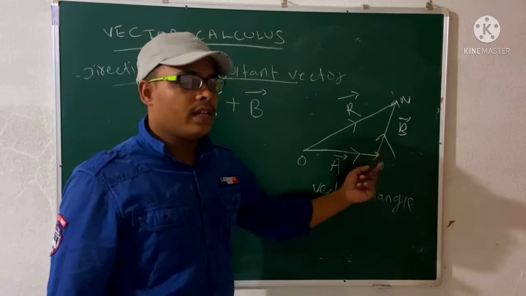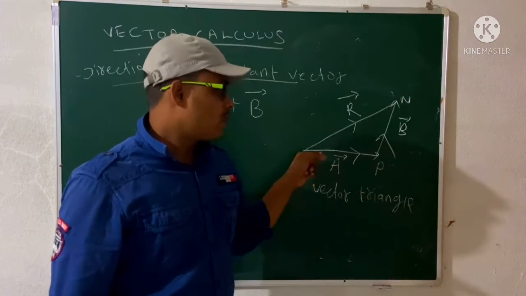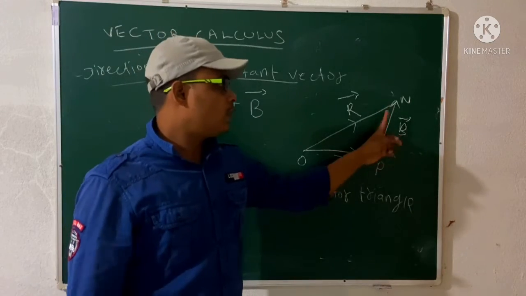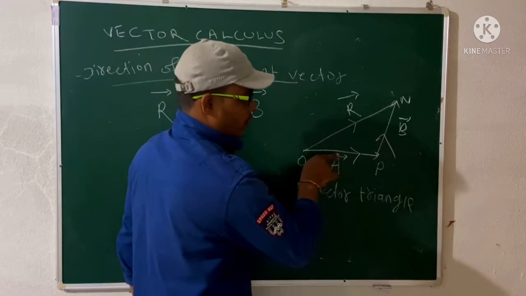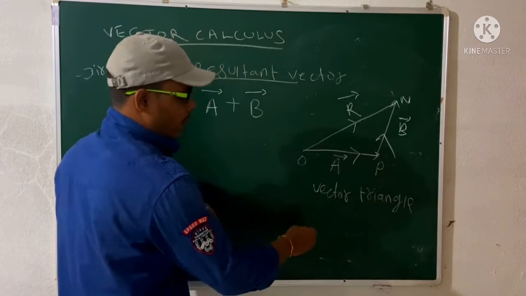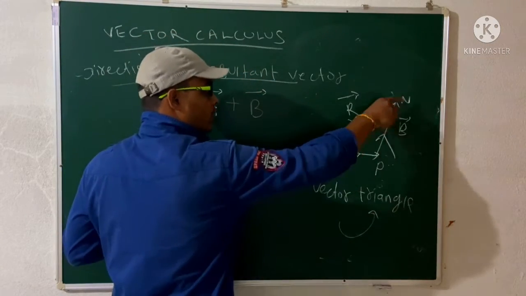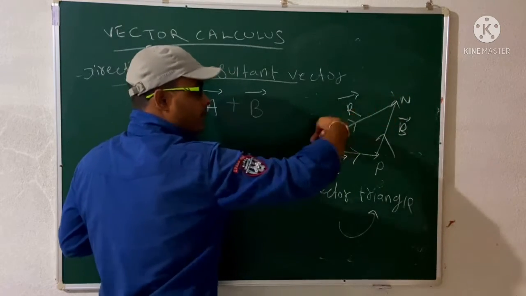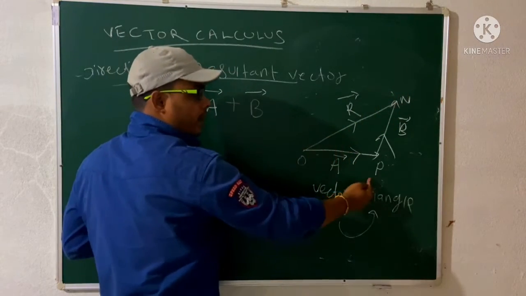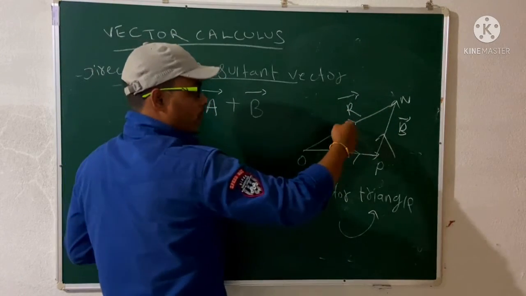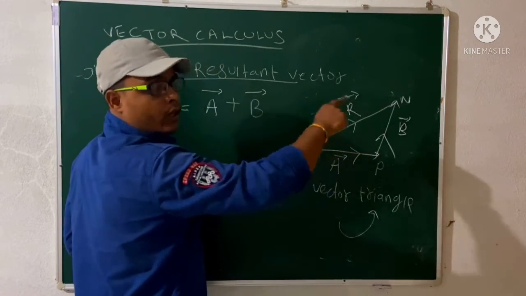You are moving to P, then to N. Look at the direction: first east, then north. But this is actually also a circular path. You are moving like this, then like this, then you have to move like this, that means N to O. You move O to P, then P to N, then you return from N to O. But the direction is O to N.